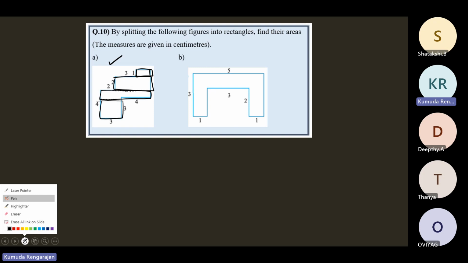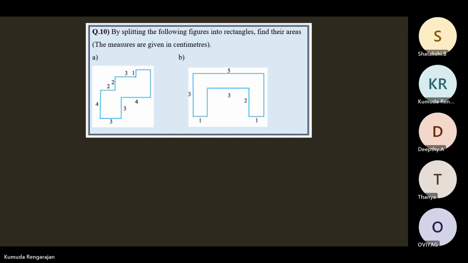Let me do it again for you. So close this using a line segment. See, this one has 3 sides. So we take a 4th side like this and we complete the rectangle. So you can see a rectangle here. With the help of this line segment, we are able to complete this rectangle.